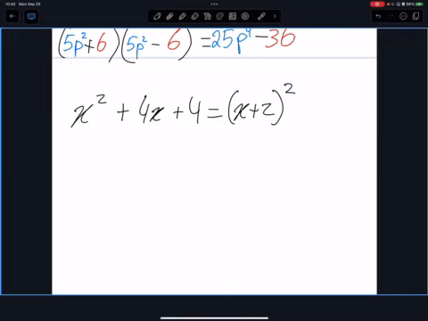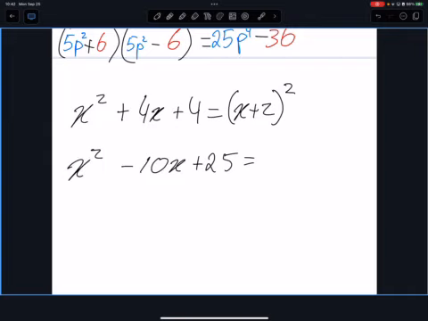Another special product. You can find the answer immediately. Two numbers multiplied with each other is 25.